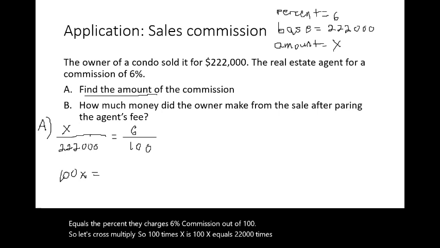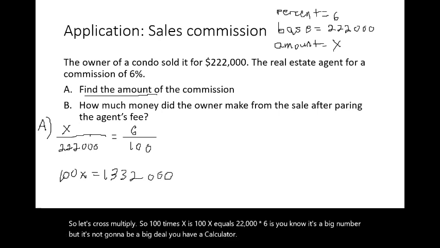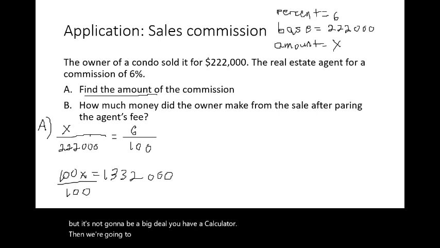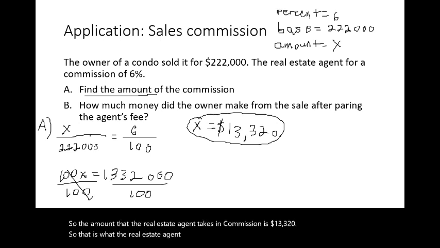It's a big number, but it's not a big deal. You have a calculator. Then we divide both sides by 100. So the amount that the real estate agent takes in commission is $13,320. That is what the real estate agent is taking home as part of their pay.